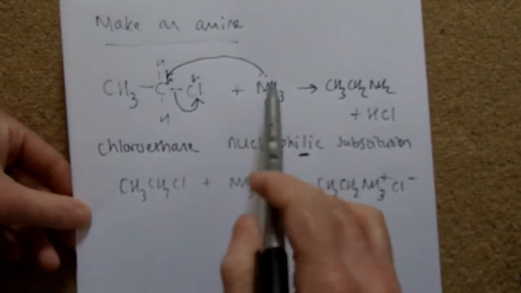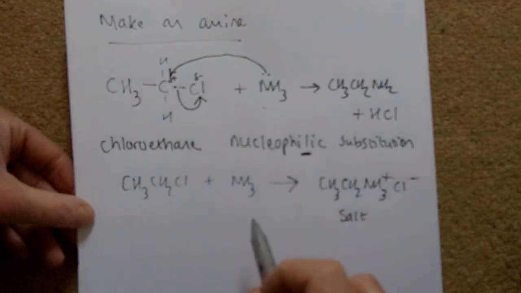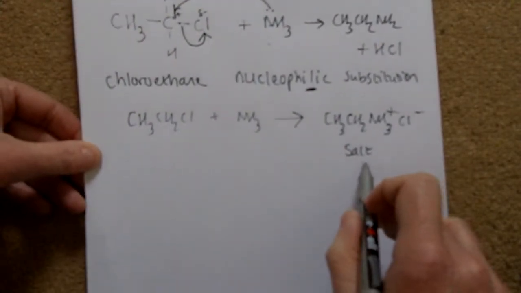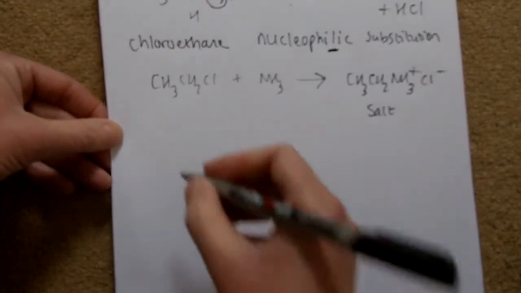Okay, but that just shows you what is actually happening to make an amine. Okay, so then this is a salt, but there's a second step now because from the salt you need to make the amine.